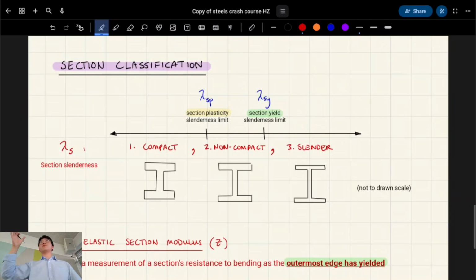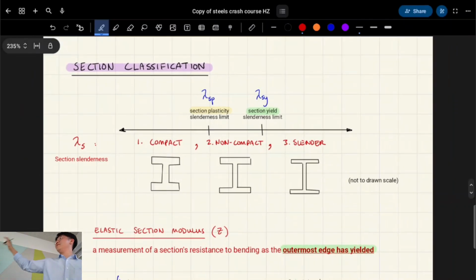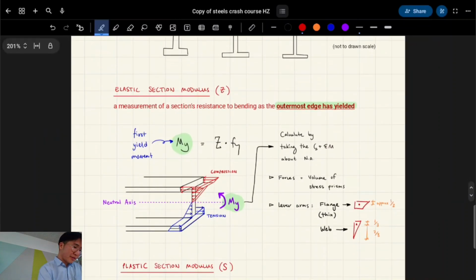So we're just talking about the section part at the moment. As you can see, if you make the elements thicker, it becomes compact, and so it's not susceptible to local buckling. The local buckling and global buckling concepts apply for both flexure, which is what we're looking at right now, and compression, which was the previous topic. It just applies throughout.